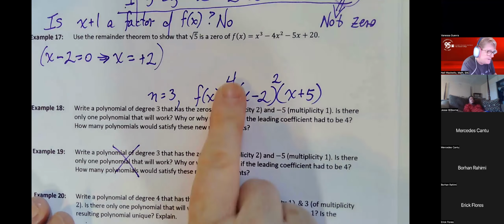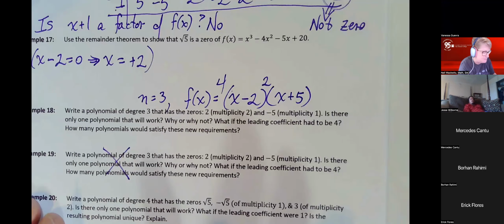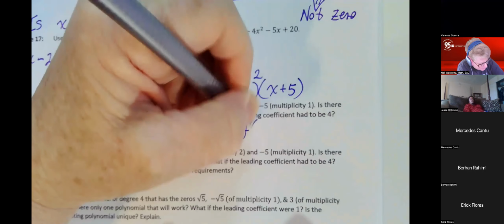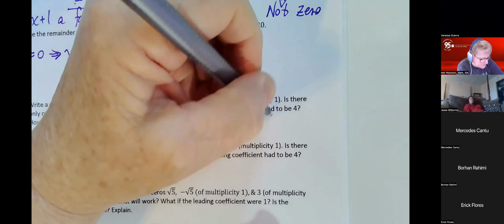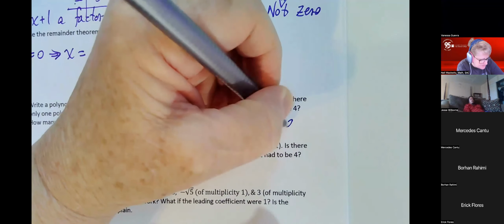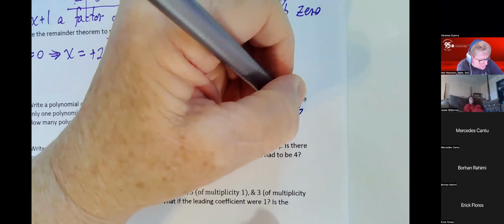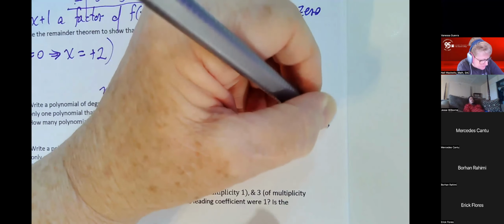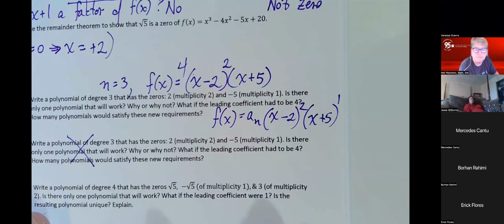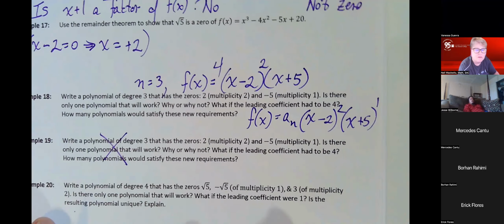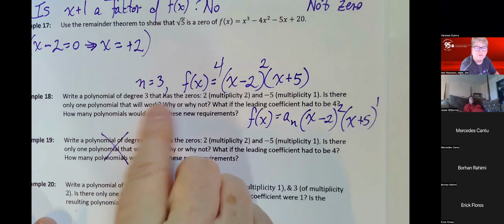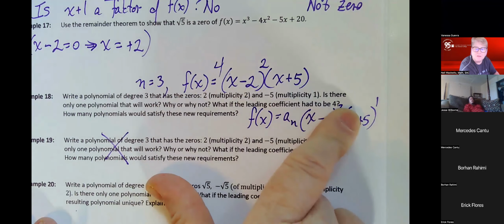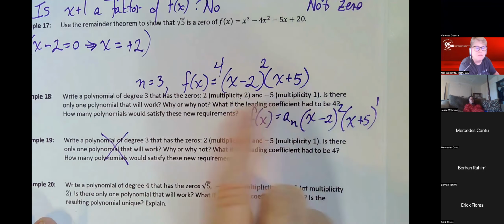Yeah, we can stick any number we want and we'll still have the same behavior for the zeros. So f of x can have any a sub n multiplied in front as long as the factors are x minus 2 squared and x plus 5 to the first power. So there are infinitely many polynomials that will work with the first conditions, but if the leading coefficient has to be 4, then there's just 1.